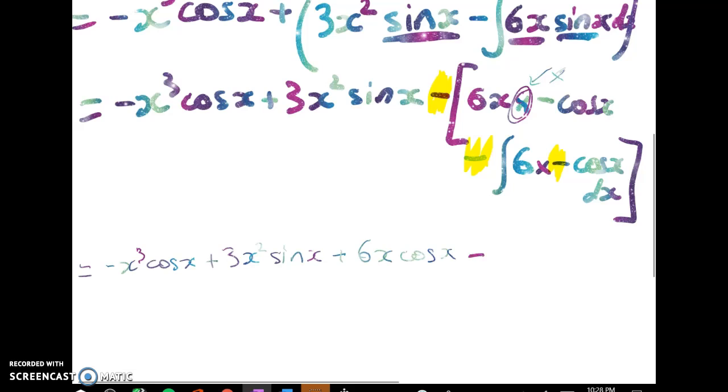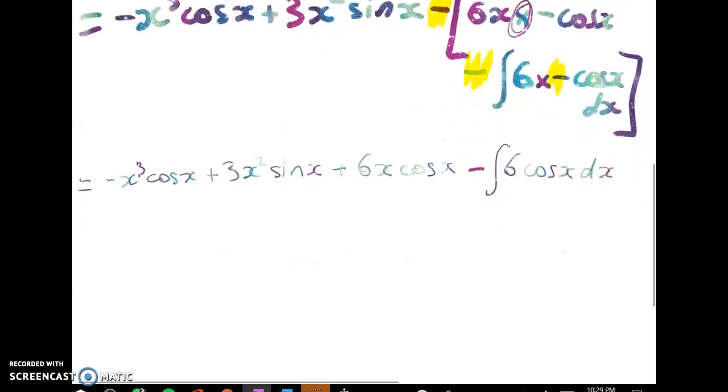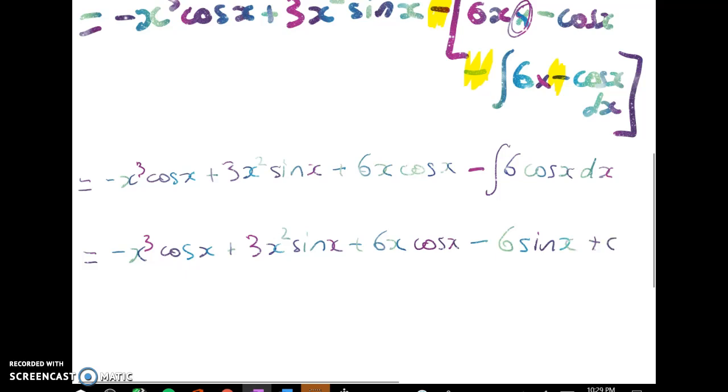Minus the integral of 6x cos x, or just 6 cos x dx. So we're just about done. So equals negative x cubed cos x plus 3x squared sine x plus 6x cos x, and we want to have minus 6 cos x, so it's going to be minus 6 sine x plus c.